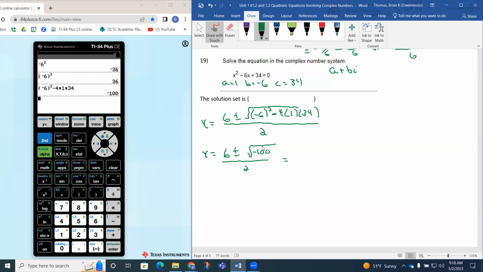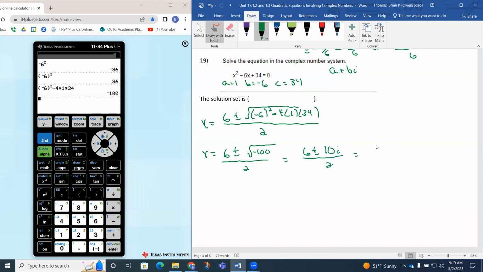Note that the square root of -100 is actually going to be an imaginary number, because if there's a negative inside the radical, that tells me the imaginary unit is going to come out. And the square root of 100 is 10. So this is going to turn into 6 plus or minus 10i over 2.